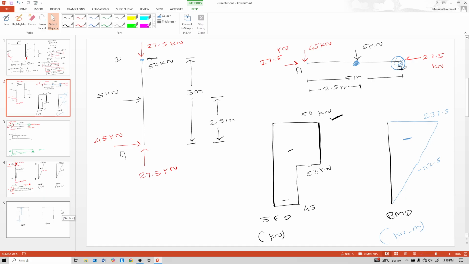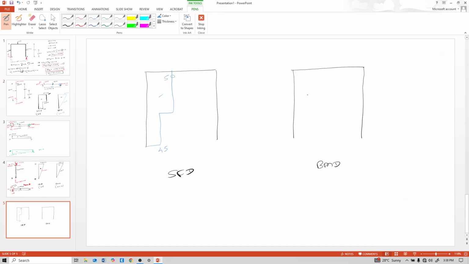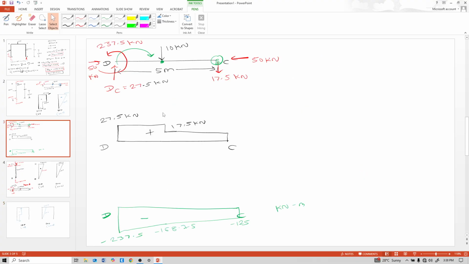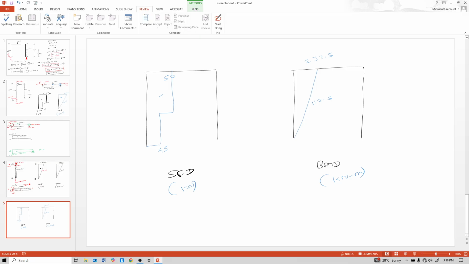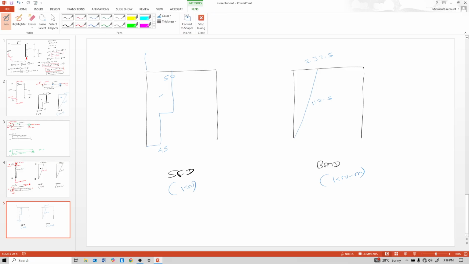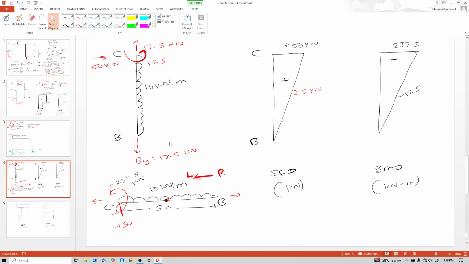This is also minus 112.5 to 37.5. Unit is kilonewton meter. And SFD is kilonewton. This is 27.5, 17.5. This is 50.